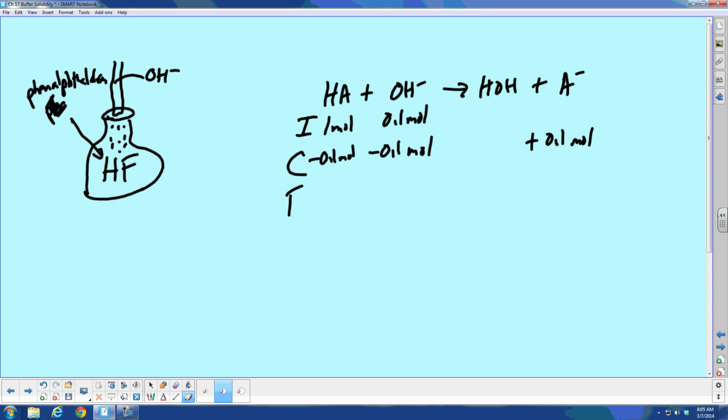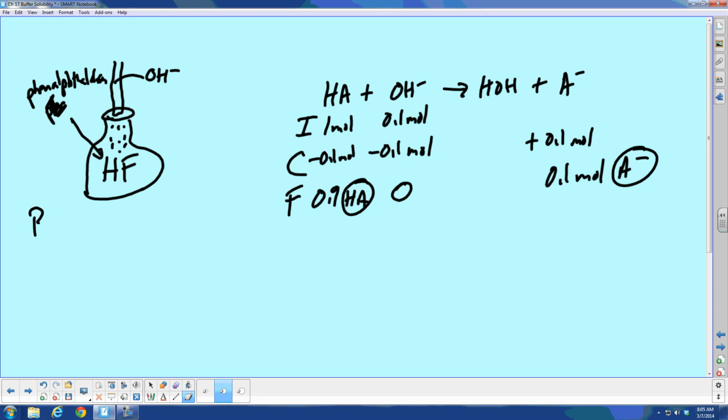And so when I look at my final, what do I have? I have 0.9 moles of my weak acid, and I have 0 hydroxide, and I have 0.1 moles of my conjugate base. So what do I have? I have a weak acid and its conjugate base. What do we call a mixture of a weak acid with its conjugate base?